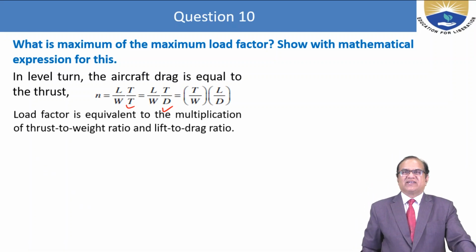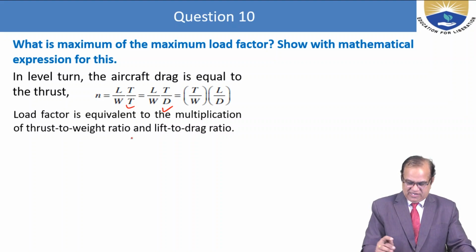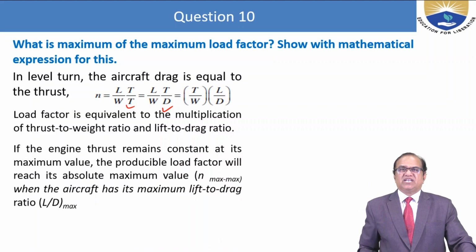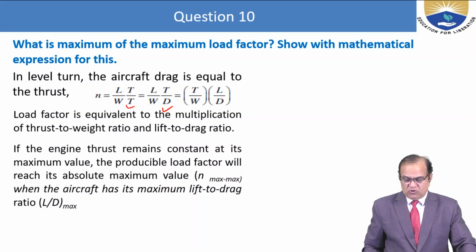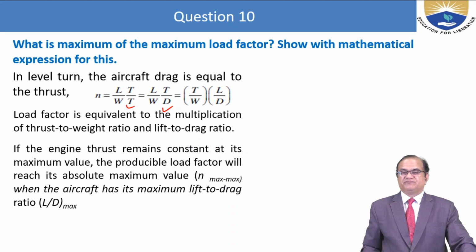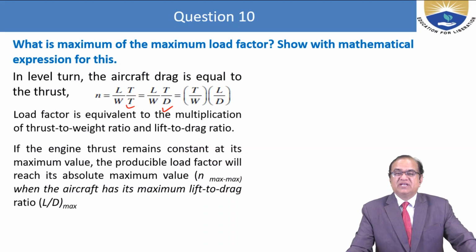So load factor is equivalent to the multiplication of the thrust to weight ratio T by W and the lift to drag ratio. If the engine thrust remains constant at its maximum, if T is a constant, the producible load factor will reach its absolute maximum value, n max max, when the aircraft has its maximum lift to drag ratio.